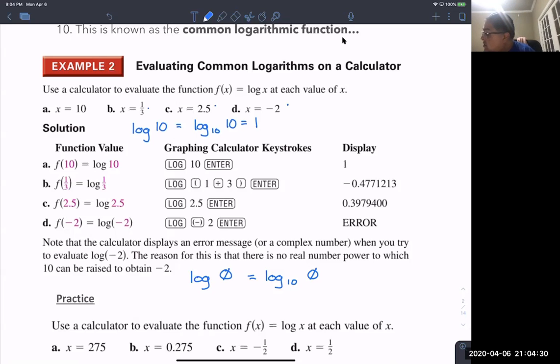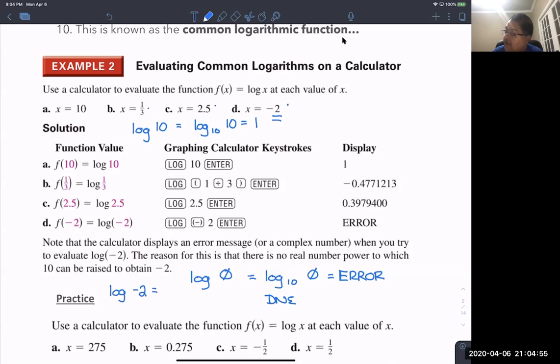So if you plug this into your calculator, you'd get an error or syntax error, because this does not exist, DNE. And actually anything less than 0 will still give you that. So for example, if you plug in -2, you'll still get an error, because think about it. Common log of -2.